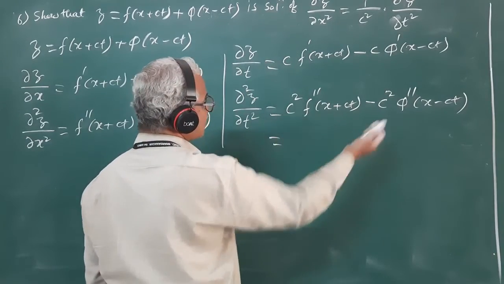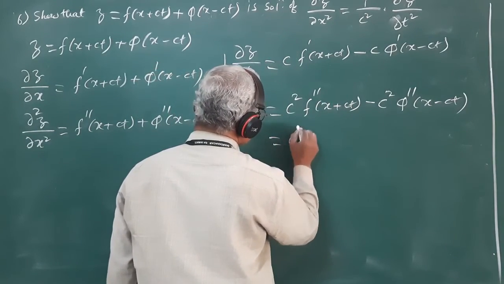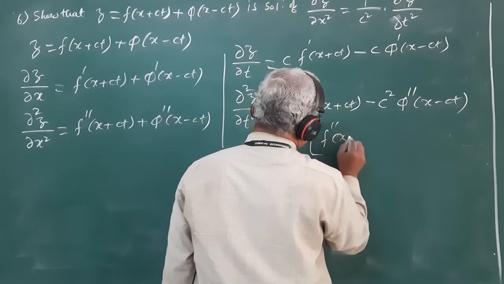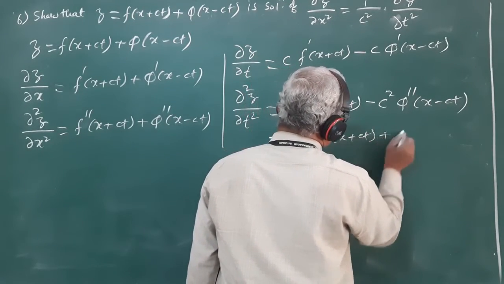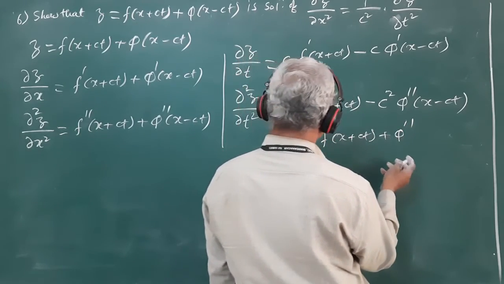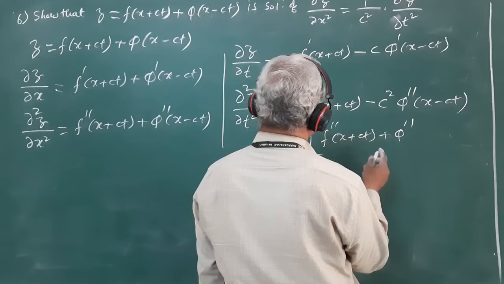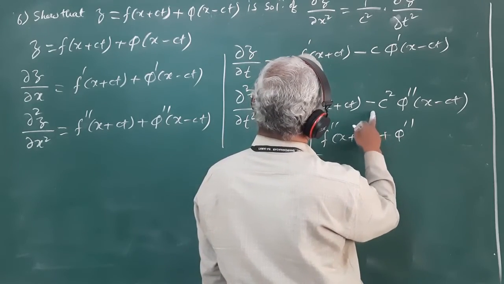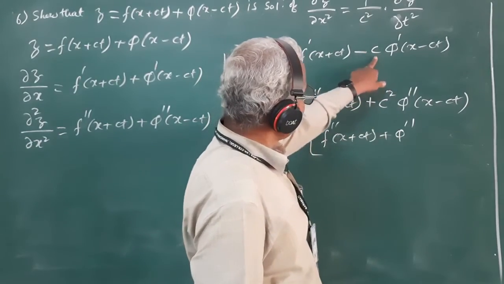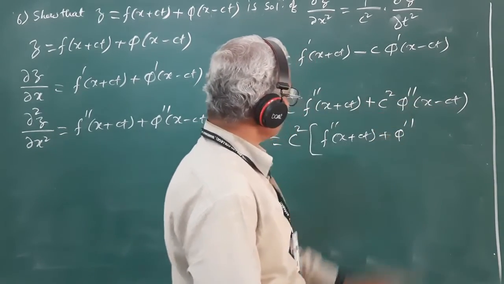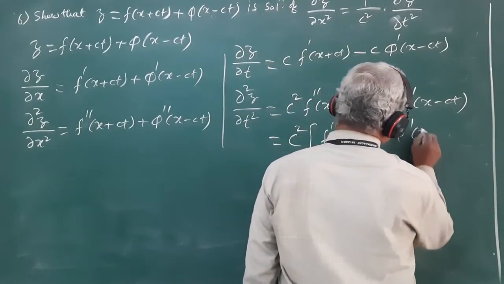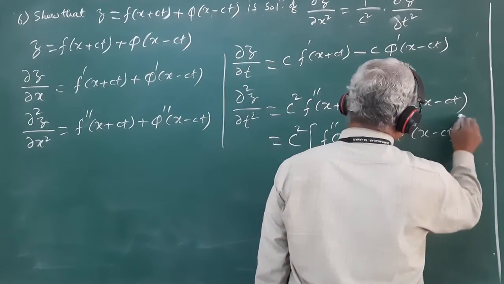And taking c square common, we can express it as c square into bracket f double dash x plus ct plus phi double dash. Minus minus will become plus here. So this minus c into minus c will become plus c square. So it is plus phi double dash x minus ct.